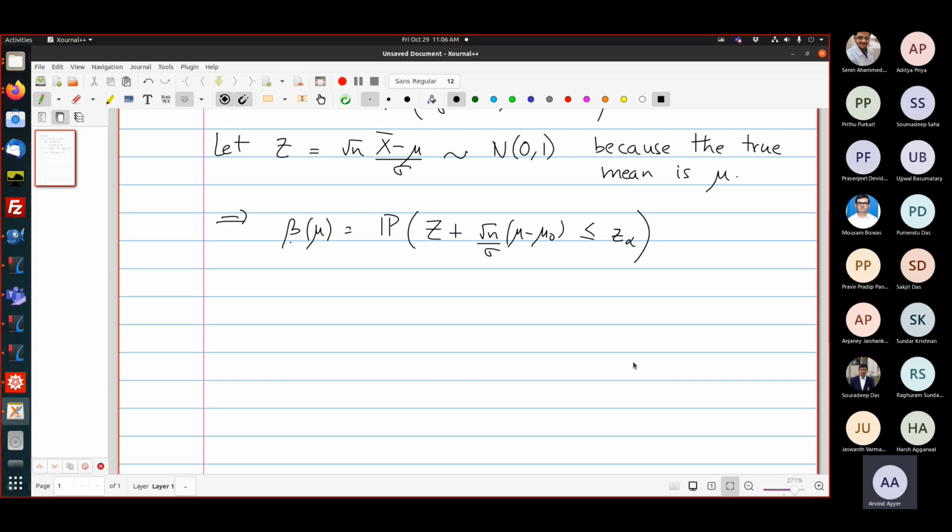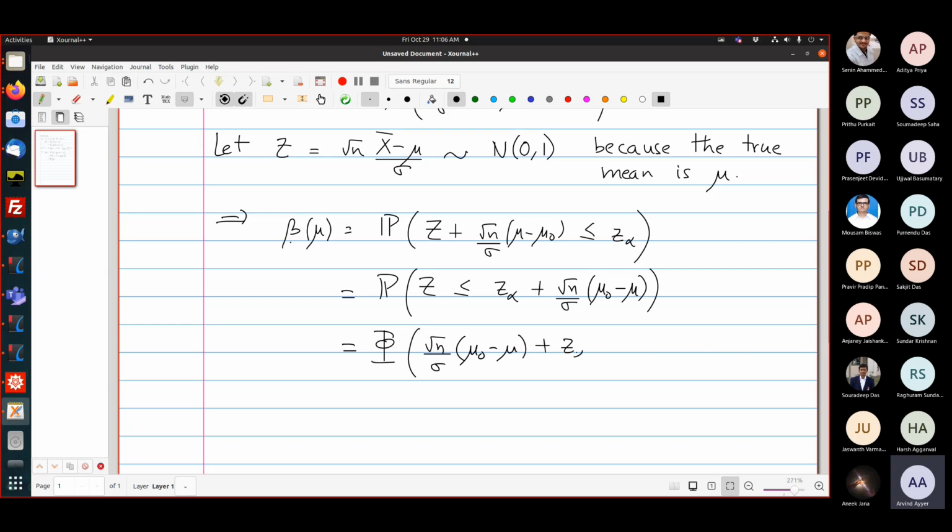This is the same as saying the probability that Z is less than or equal to z alpha, switching the sign, plus square root of n by sigma times (mu naught minus mu). This is the probability for a standard normal random variable being less than or equal to some value, and so by definition this is the phi function at that value: phi of z alpha plus square root of n by sigma times (mu naught minus mu).